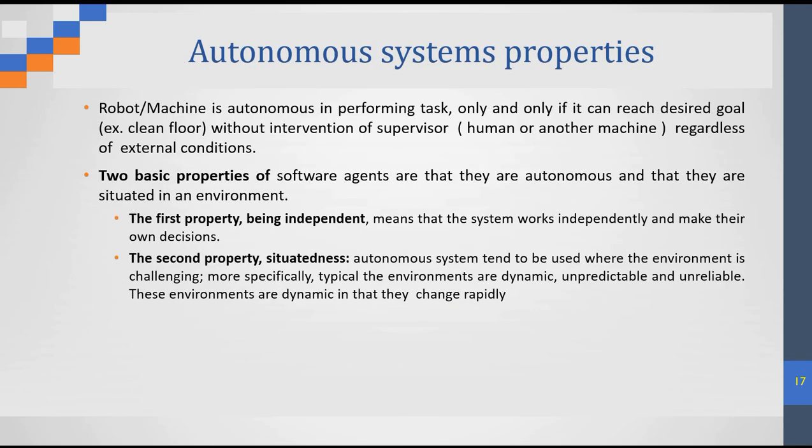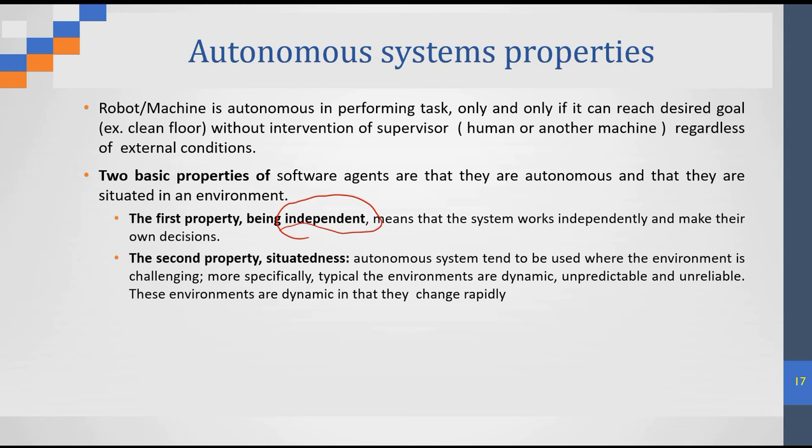The first one is independence. The system works independently and based on its own decision. So this is the first property, and I think we explained what independent means: it doesn't need any instruction from the human and can make the decision by itself.